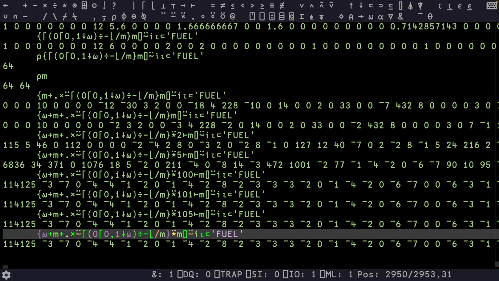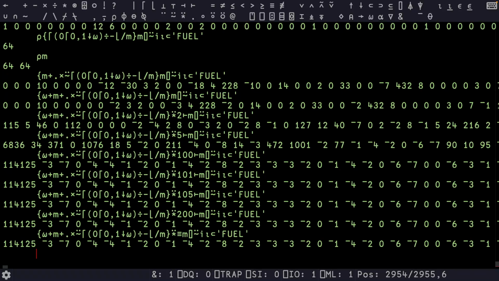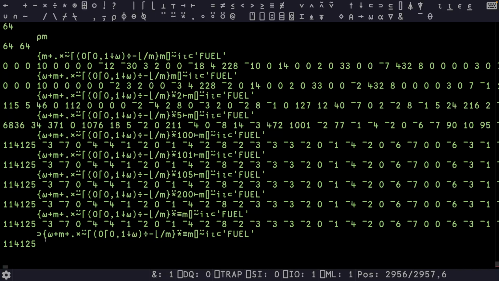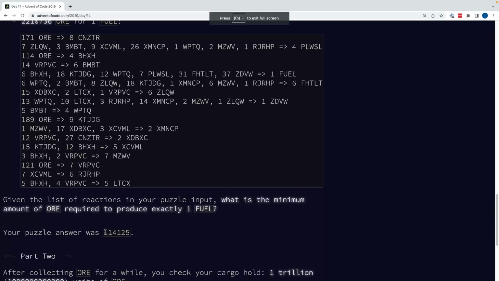So what we can actually do here is just do a power match, or basically run the function until it converges and the output doesn't change anymore. I've done this a lot in my previous videos. And now, in order to get the amount of ore, we can just take the very first value. And that's 114, 125, which looks like that is the answer for part 1 anyway.